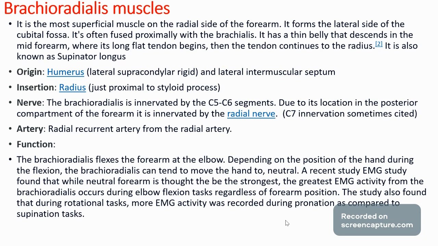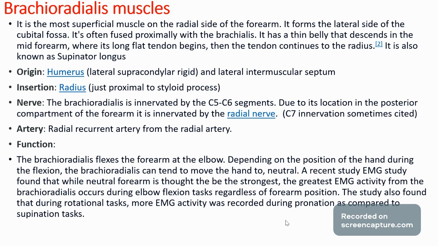Now, what is the function of this brachioradialis muscle? The name itself indicates it: brachioradialis. As the brachial region and the radius are involved, the brachioradialis flexes the forearm at the elbow.